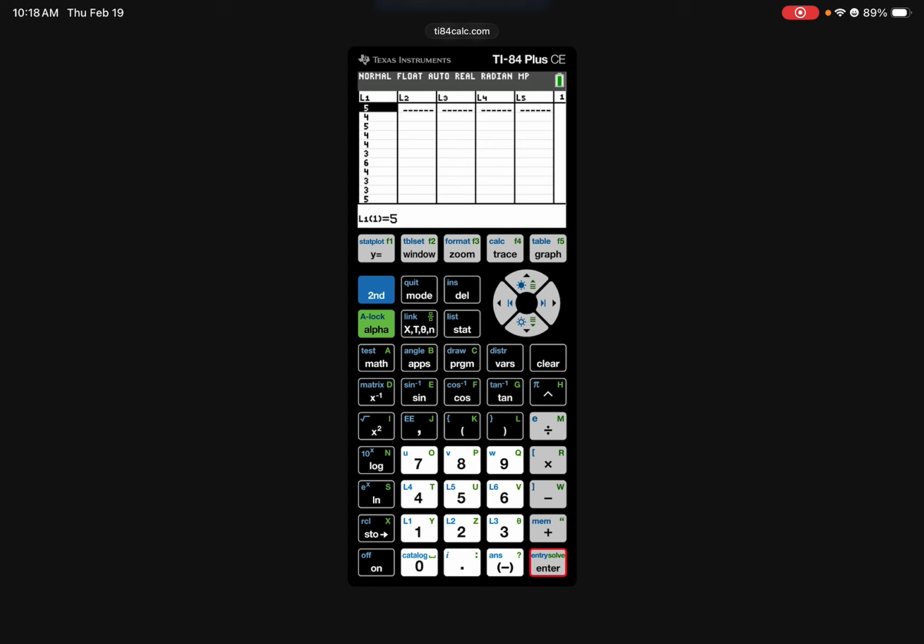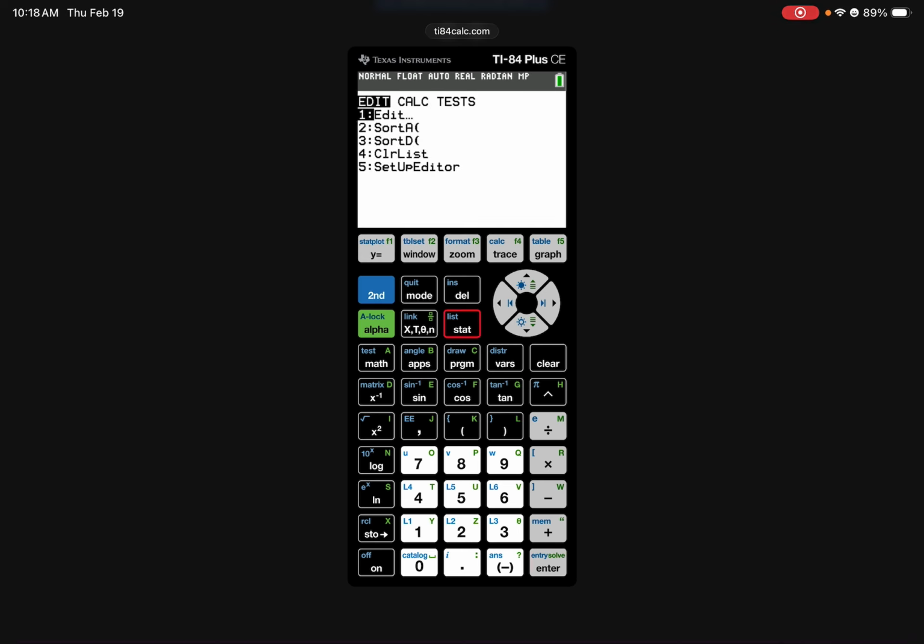So once we have that, we can go ahead and calculate the sample mean and the sample standard deviation. So to do that, I'm going to press Stat. I'm going to arrow over to the right one time so that I'm under calc and it says 1 var stats. We're just going to go ahead and press enter, and then we can go down to calculate, and that's the one we're going to choose.